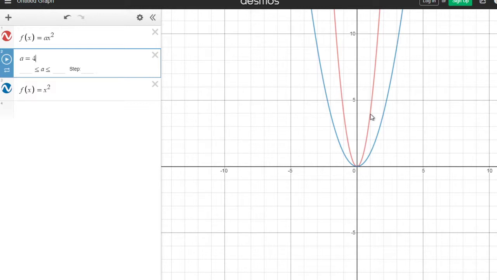So now you might be wondering, well, what if I want to make it wider? What kind of values do that? So I'm going to reset to 1. So did you see everything here was narrower? So now we're going to go backwards a little bit. We're going to go towards the wider section.